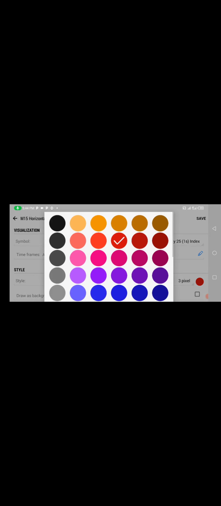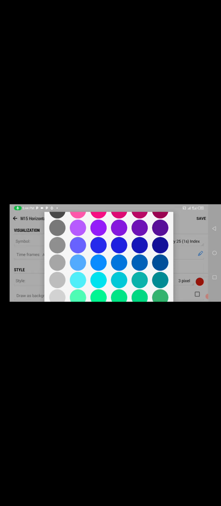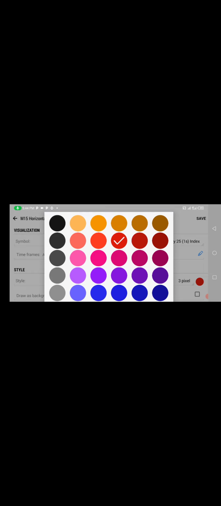You can see rejections. So basically, we don't need to waste much time. We can put our stop loss here. Let's change the color of this line to deep red, so that it will be differentiated.